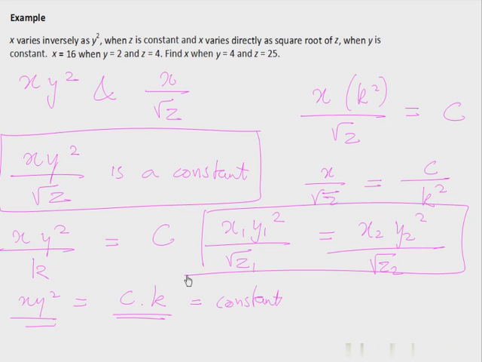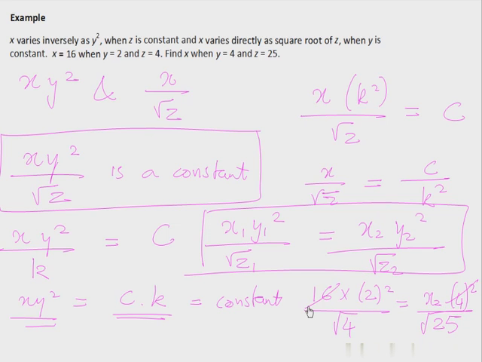First set of values is 16 into 2 squared over 4. Second set of values is x2 into 4 squared over 25. Root 25, I'm sorry, and root 4. I'll get 16 into 4 over 2. On this side I'll get x2 into 16 over 5.